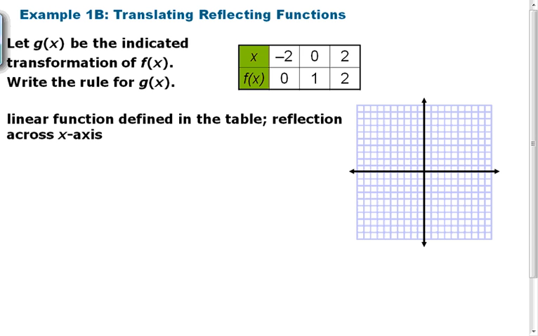So we're going to translate and reflect functions. The first thing to do here, we're given f of x from the chart. So all of these points, (-2, 0), (0, 1), (2, 2), and we're connecting those points.